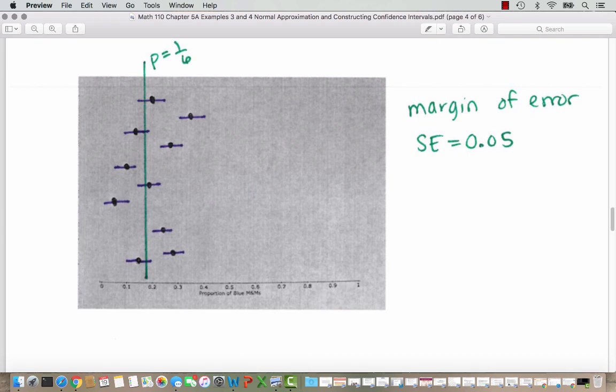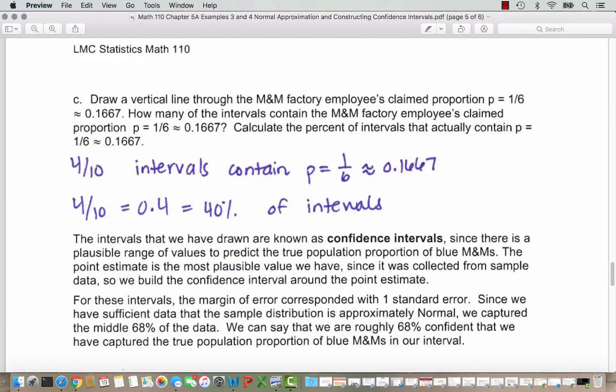And so I went through 4 different intervals here with my line through 1 out of 6. So I said 4 out of 10 intervals contain this population proportion, p equals 1 out of 6, or 0.1667. So 4 out of 10 is 0.4, or 40% of the intervals.